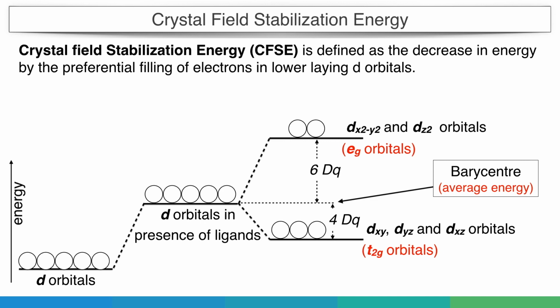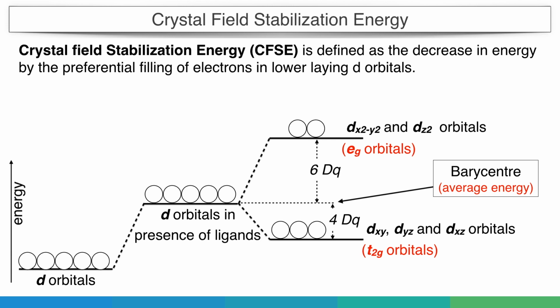CFSE can be calculated from the absorption spectra of a complex. As we know that coordinate compounds are highly colored complexes, and this color of the molecule comes from the d-d transition of electrons. This means the electron from the t2g orbital is excited to the eg orbitals, and when it returns to the ground state, it emits radiation of equivalent energy.